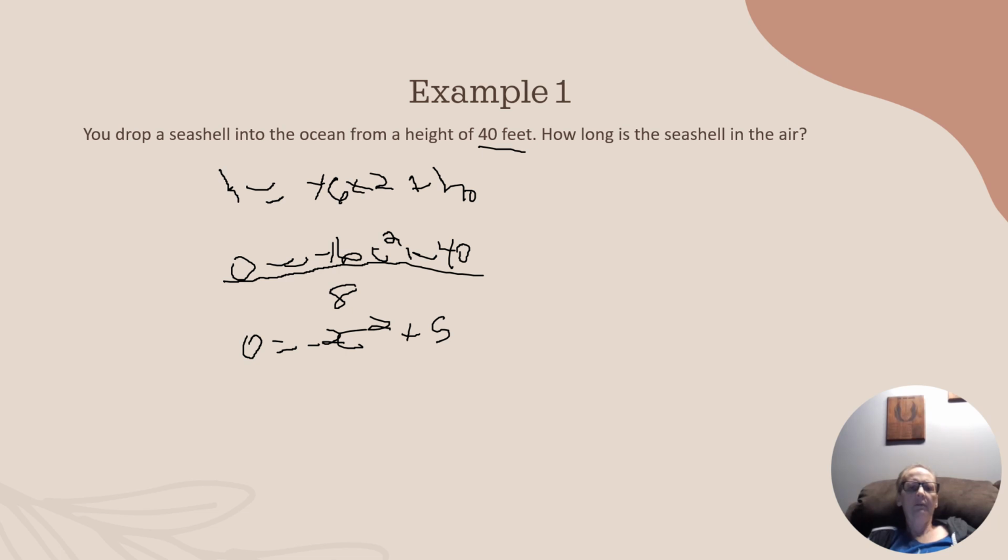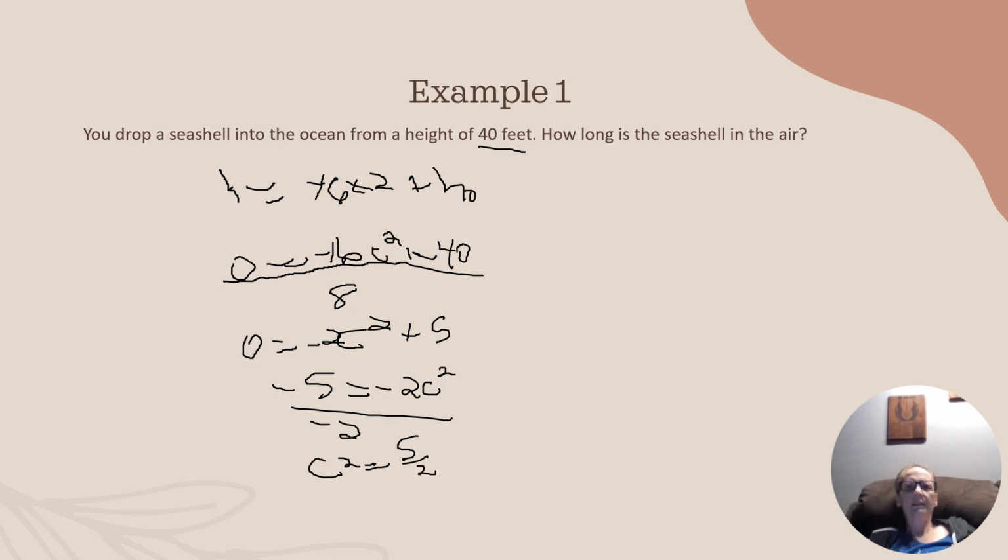The best way to do this at this point would be the square root method. I'm going to subtract the 5 from the other side, so I get negative 5 equals negative 2t squared. Divide both sides by negative 2, and we get t squared equals 5 halves.